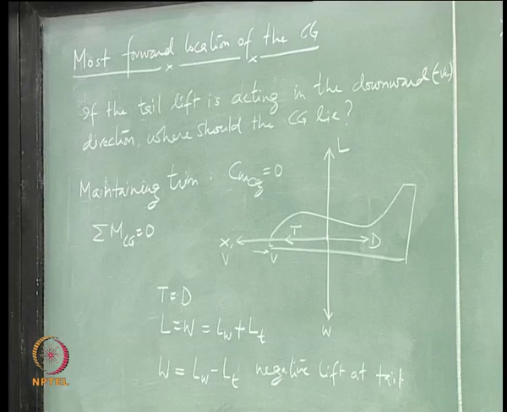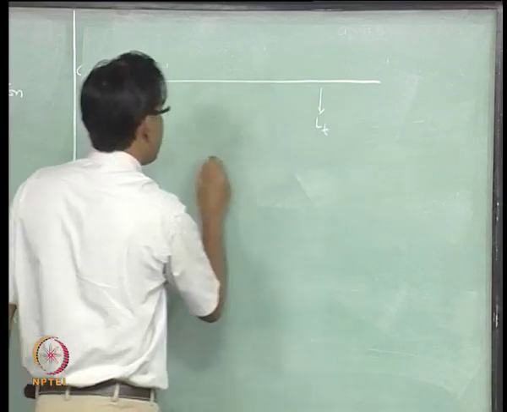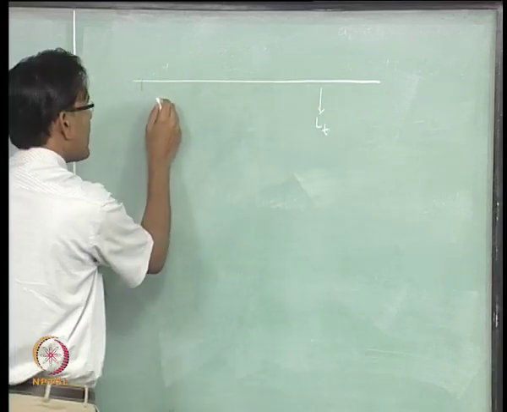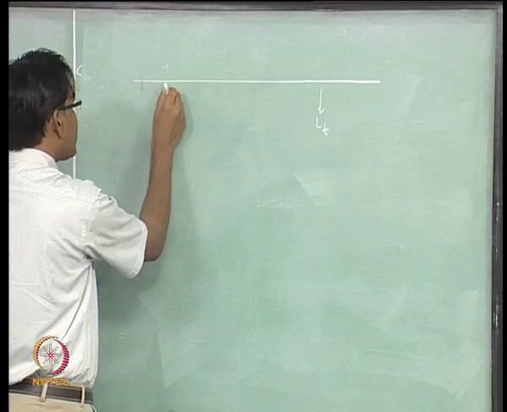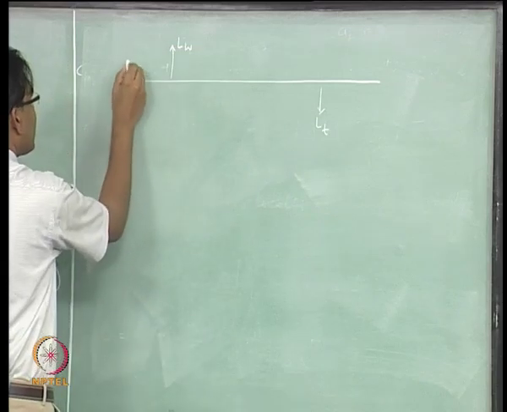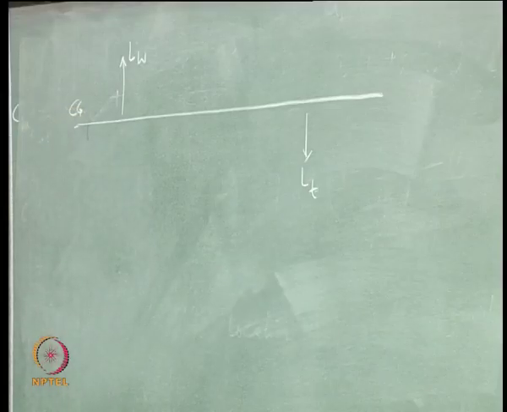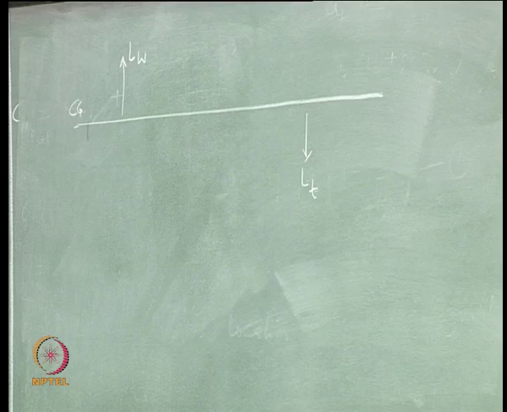So, in the case when the lift is acting in the negative direction, CG can lie ahead of the aerodynamic center of the wing. Okay.